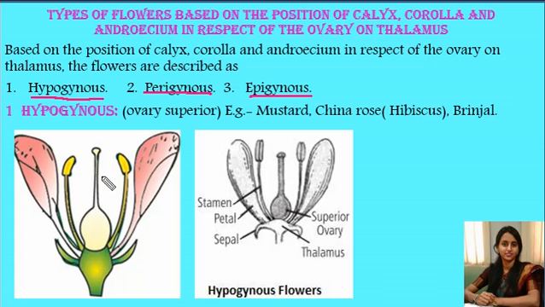What is hypogynous flowers? Dear students, we all know that all the floral whorls are situated on the thalamus. In hypogynous flowers, the ovary occupies the highest position on the thalamus, whereas the members of other floral whorls such as the sepals, petals and stamens are situated below the ovary, or they arise from the base of the ovary.